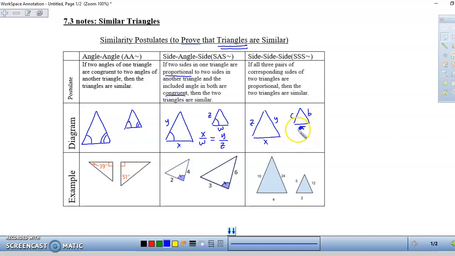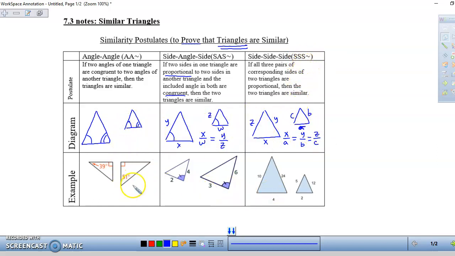And then if I know all three of the sides are proportional, so I have an extended proportion, so let's say I have X over A is the same as Y over B is the same as Z over C. If I have all three of these ratios being the same, then the triangles are similar by side, side, side similarity.